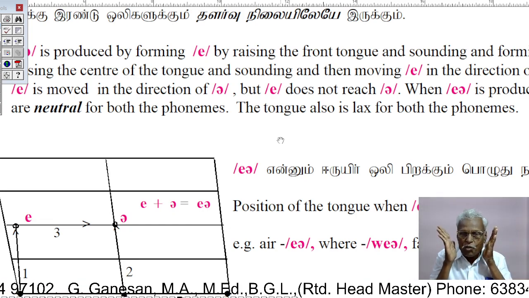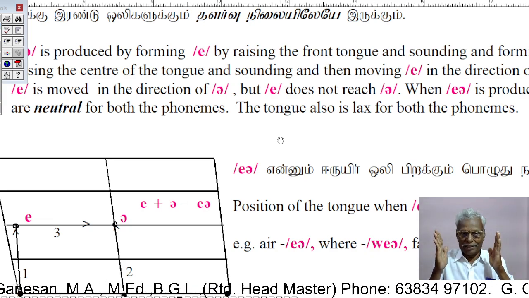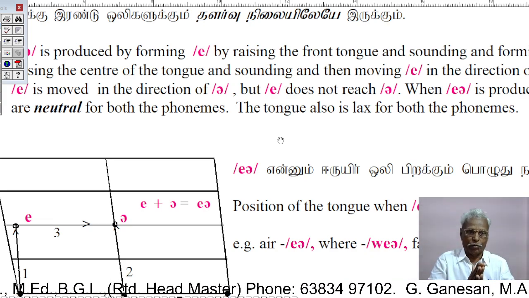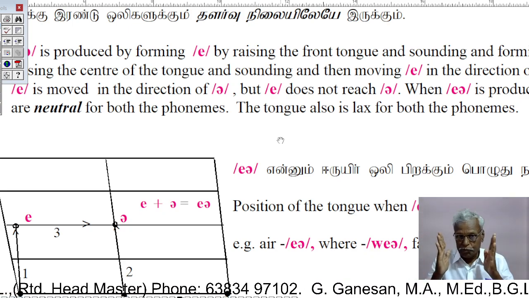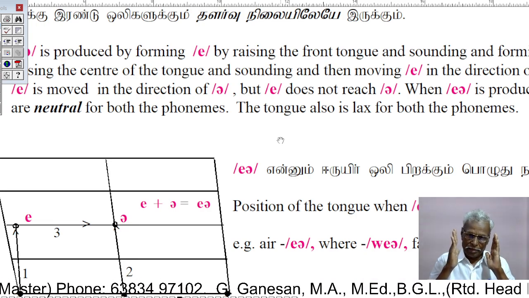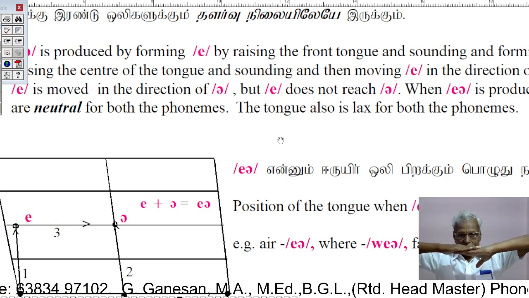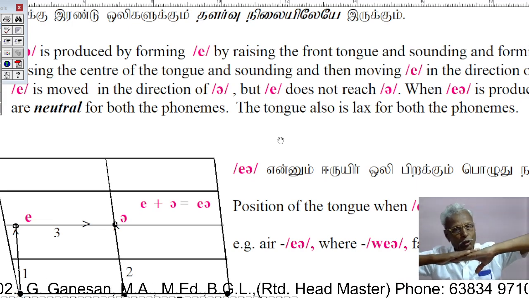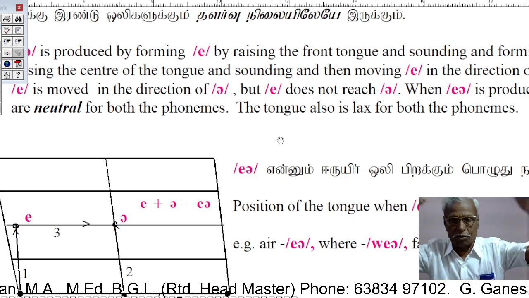The lips are neutral and the tongue is lax for both the phonemes, because the tongue is raised to off of the position for both elements, even though one is a front vowel and another is a central vowel.